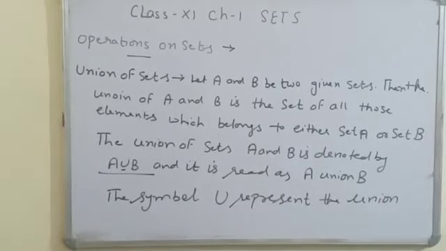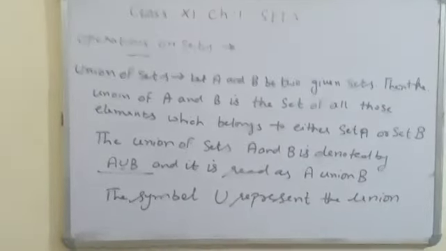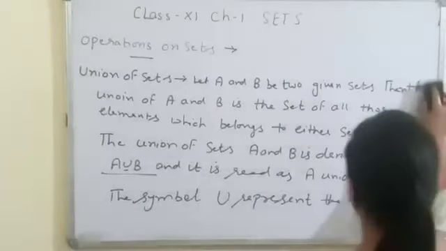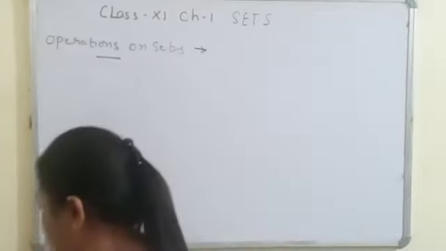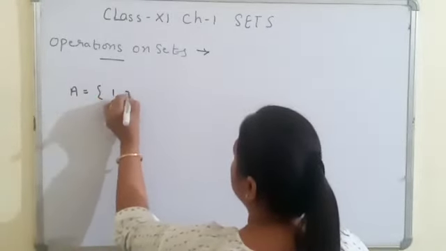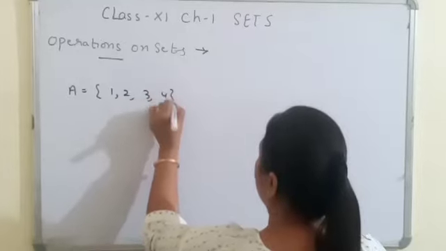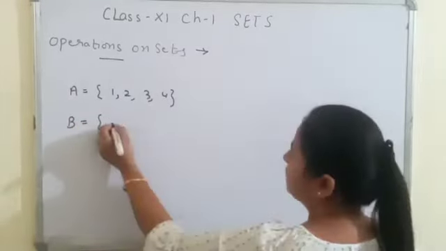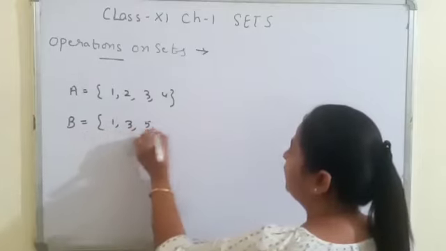Now, let's take one example to make it more clear. Suppose we have a set A having the elements 1, 2, 3, 4, and there is another set B having the elements 1, 3, 5, 8.